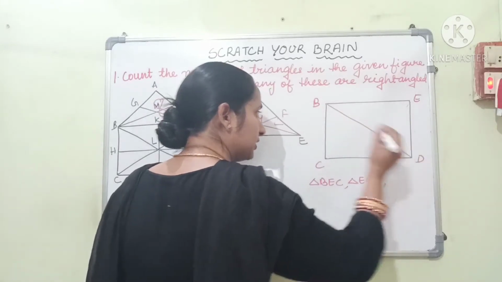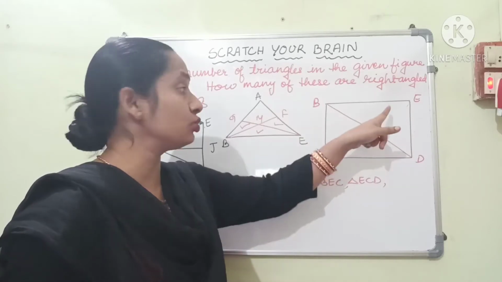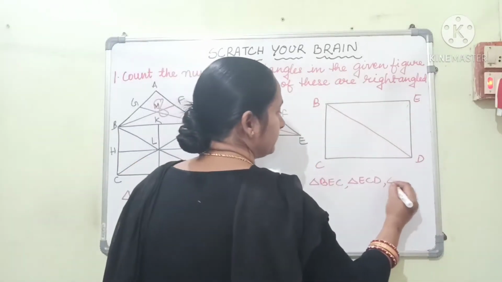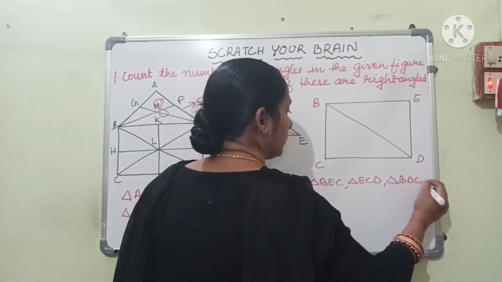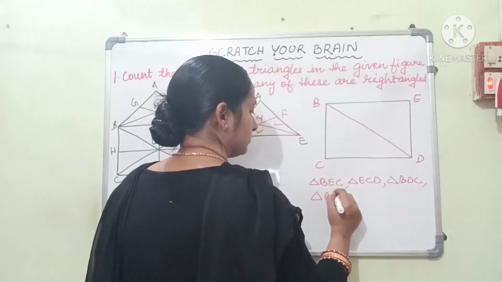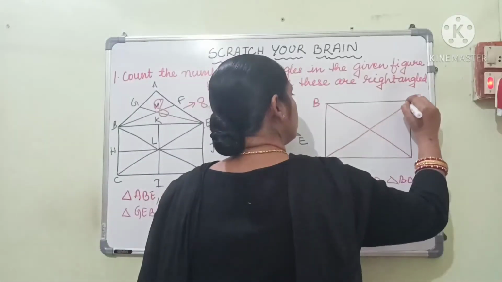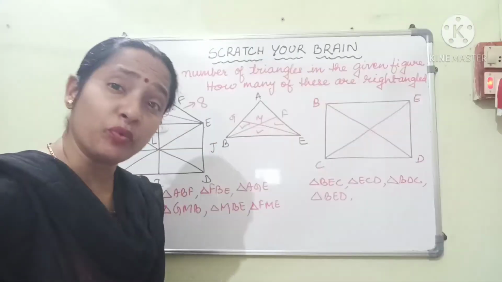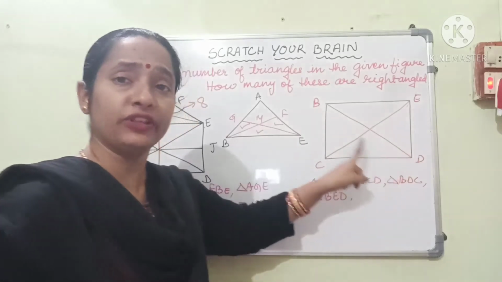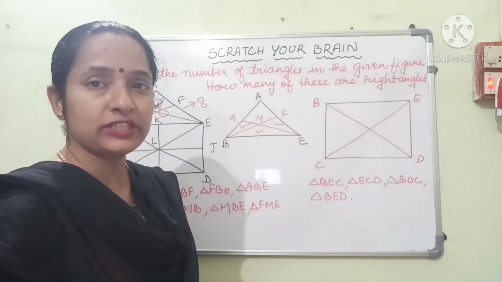Now, I drew the other diagonal. Again, the whole rectangle is divided into two triangles. Here we got triangle BDC and the other one is BED. Isn't it? Now, let me draw both. When you observe this rectangle with both the diagonals, how many triangles are visible inside?